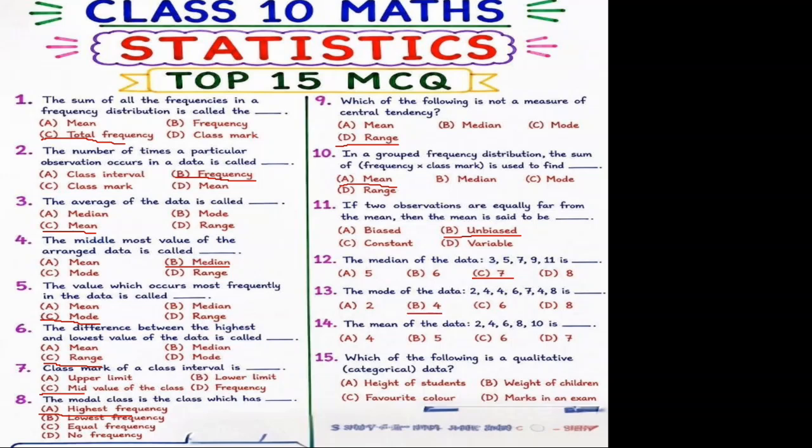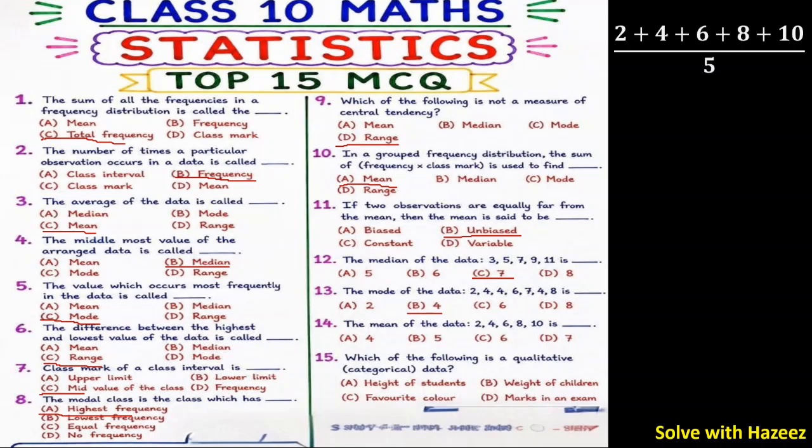which is option B. So moving up to question number 14, it says the mean of the data 2, 4, 6, 8, 10 is dash. A 4, B 5, C 6, D 7. To simplify for the mean, let us have a simple calculation. The mean is going to be the addition of all the given distribution divided by the total number.